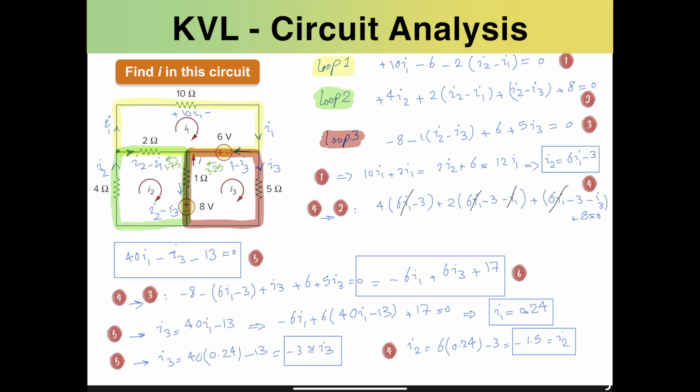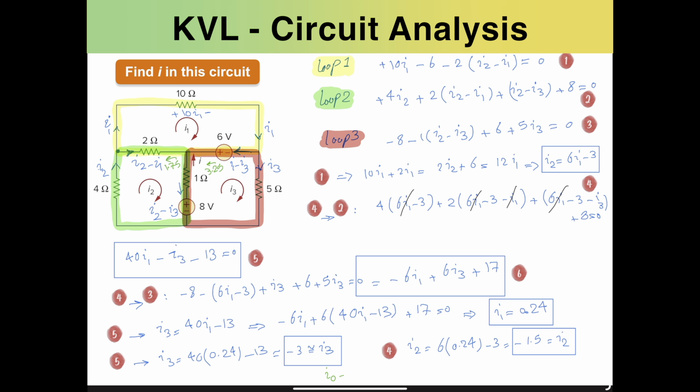However, our original question was asking to find I in this case, and I is nothing but the current that is moving upwards. The current that is moving upwards is exactly negative of I2 minus I3. So if you want to find out what I is, I'm going to write it down at the very bottom.